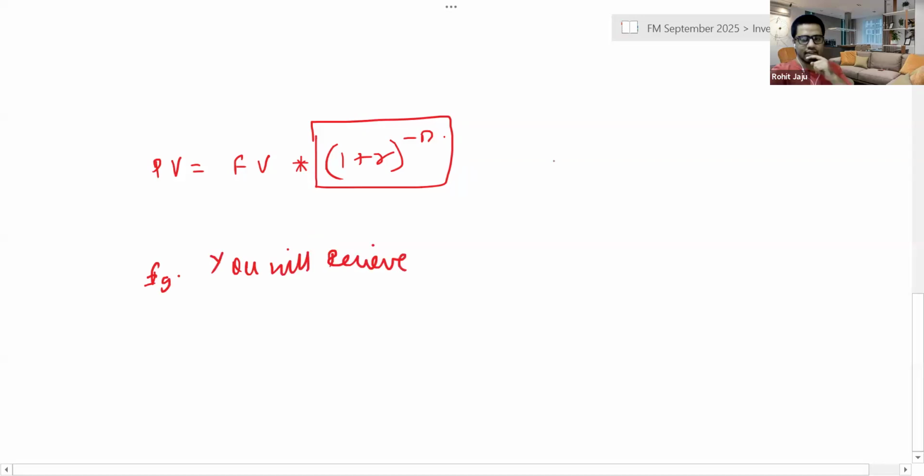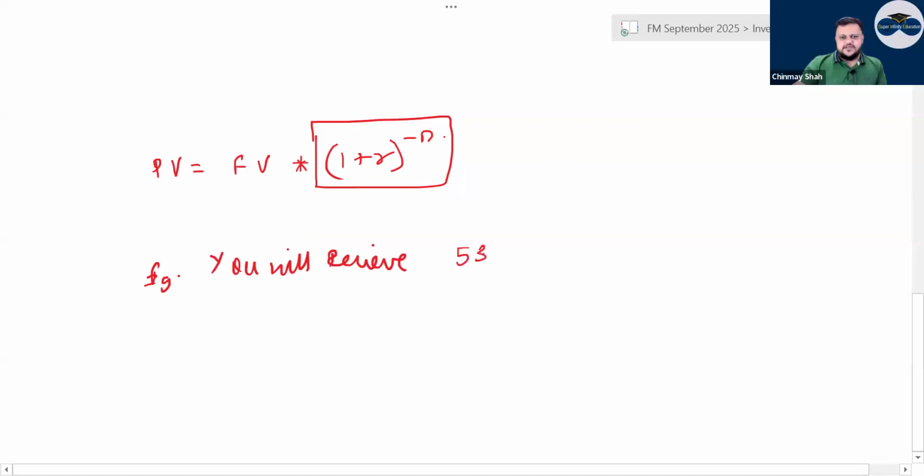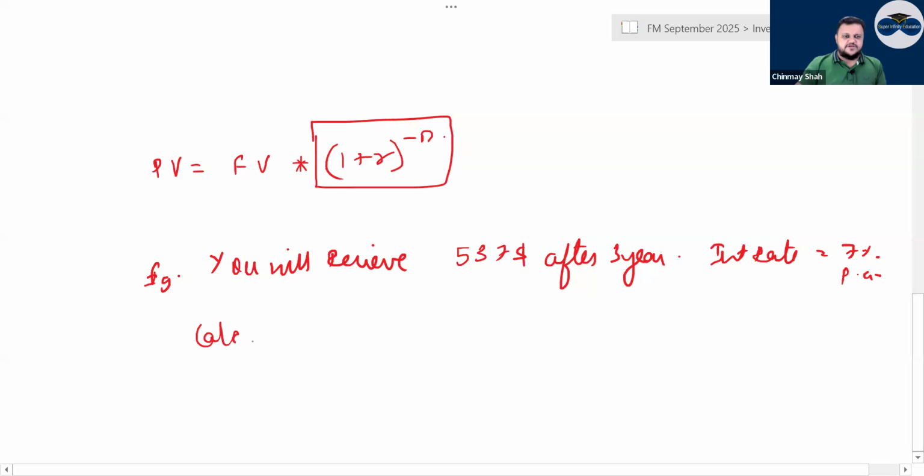You will receive $537 after 3 years. The investment or interest rate is equal to 7% per annum. Calculate present value.